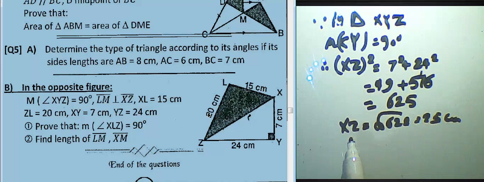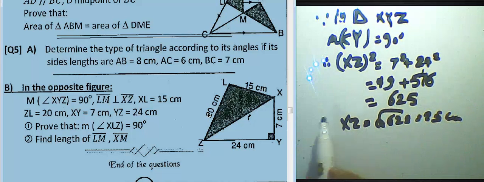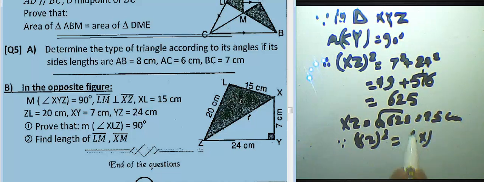And we can prove that the measure of angle L equals 90 degrees by using the converse of the theorem, such that XZ power 2 will be equal to LX power 2 plus LZ power 2. How?